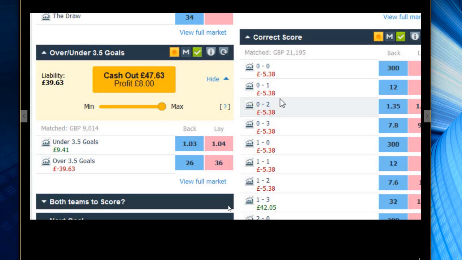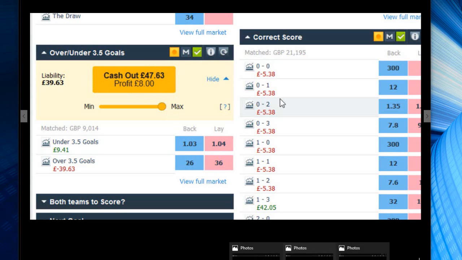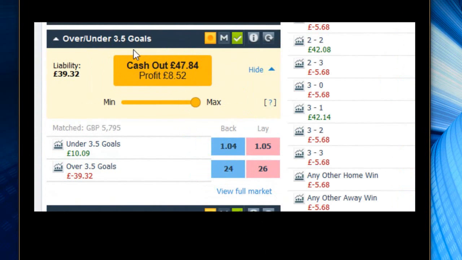Okay, let me show you just one more, which is going to be very similar. Here we see once again it's the same sort of situation. This time the cash out on the under 3.5 goals market would be £8.52.